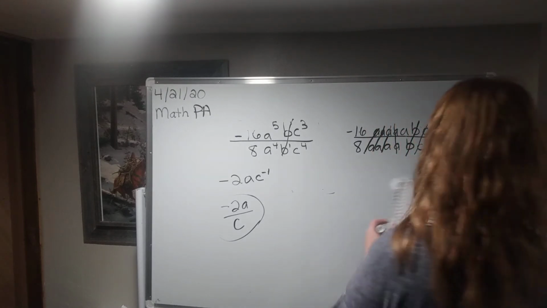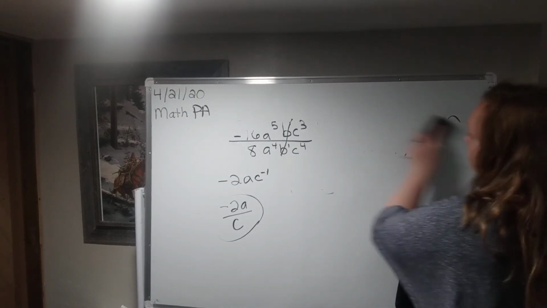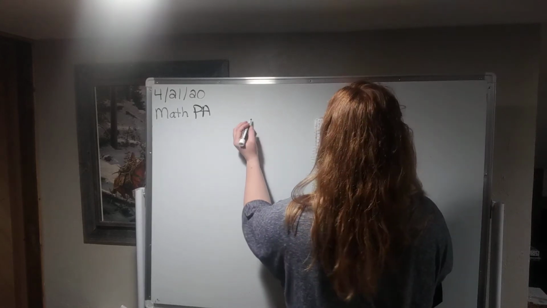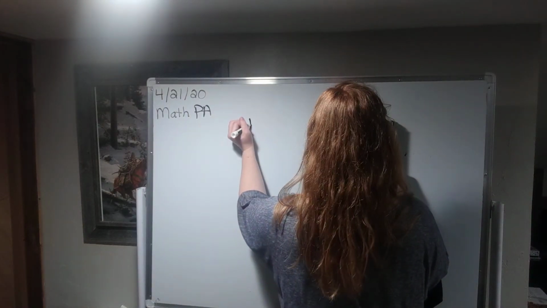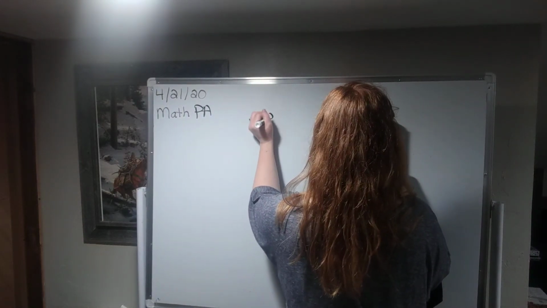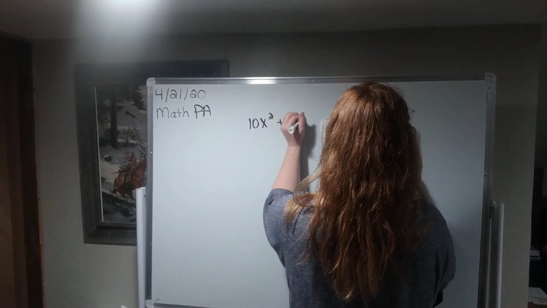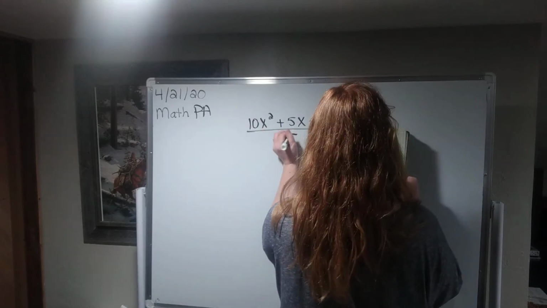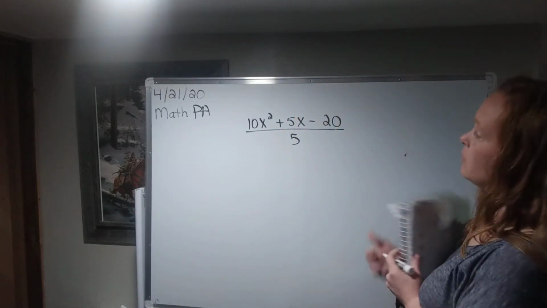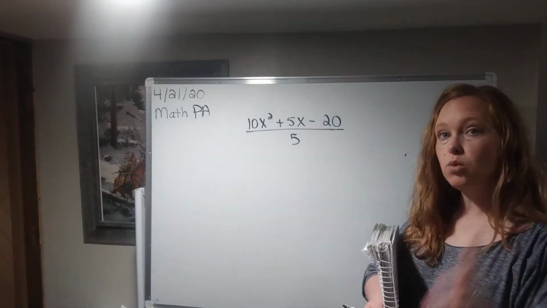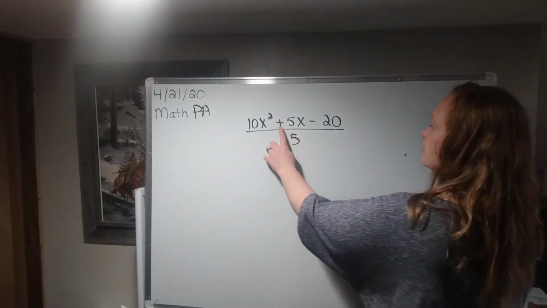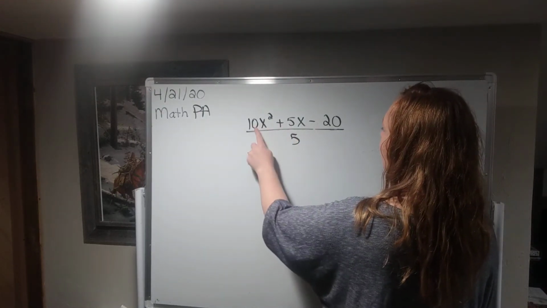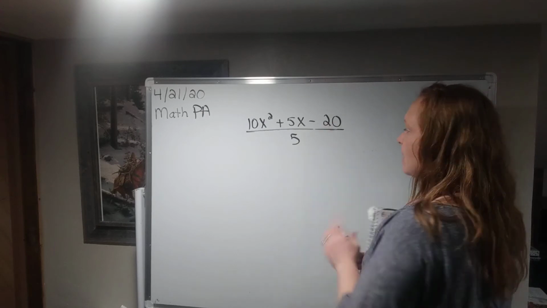Okay, example 4. It says divide 10x squared plus 5x minus 20 divided by 5. Now we've moved from a monomial with just one term, and notice we have some addition and subtraction signs, so now I have a trinomial divided by 5.